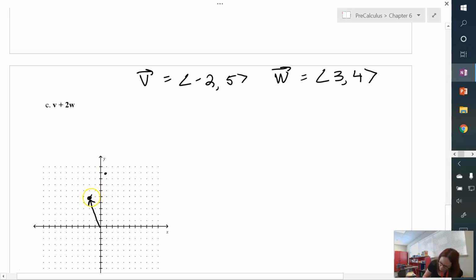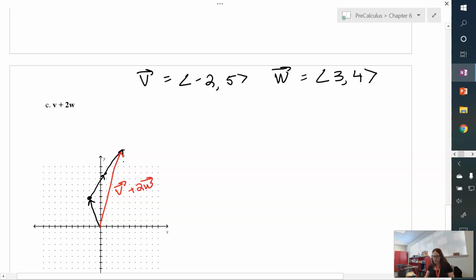There's 1 w. Now I got to do my other w. Right, 3 and 4. I went a little bit off my grid, but that's okay. And then my resultant is this one. So this is vector v plus 2 times vector w.